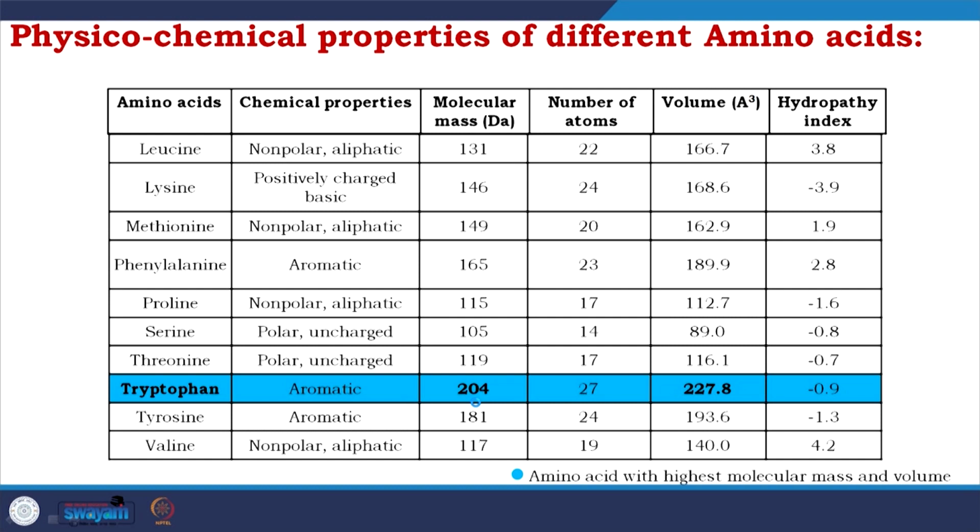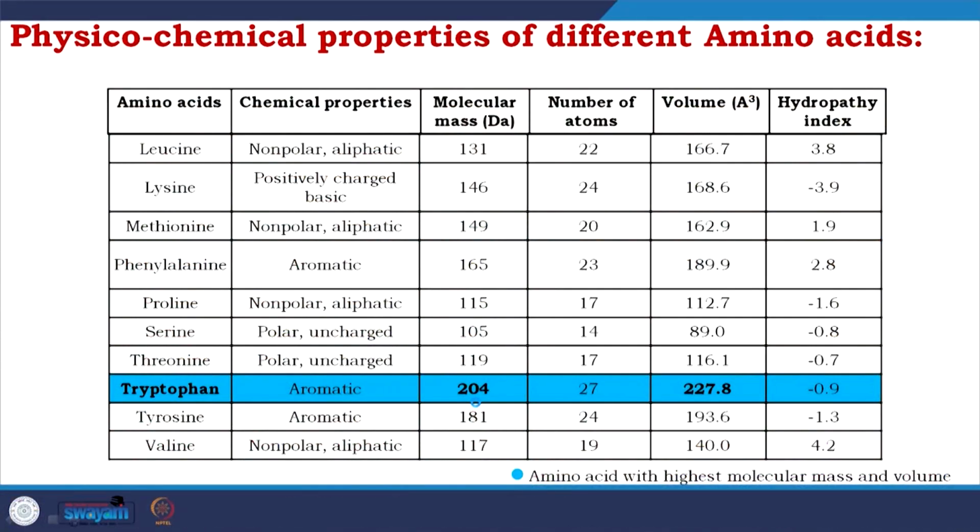The molecular mass for leucine 131, you go back and calculate, that is an assignment from my side. The more you do the calculation of the atomic compositions, the more you understand the composition. Lysine 146 Dalton, by the way the average molecular weight of an amino acid is 110 Dalton.